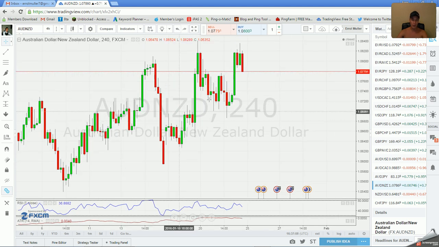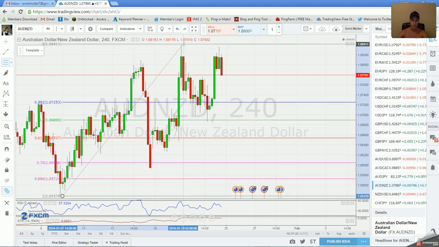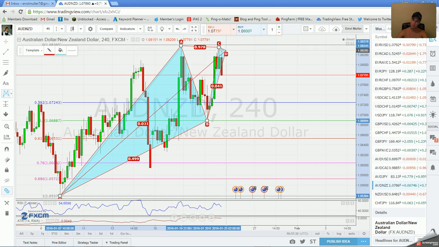Now for me, something that I will be watching, look, it's still very early stages for this pattern that I'm going to show you now, but you don't know, it might complete, it might not. So we're looking at a bullish bat pattern, which will look something like this. X to A leg, A to B leg right at the 50% retracement, C to D leg, the C leg's not breaking the A leg, so it's still a valid pattern.